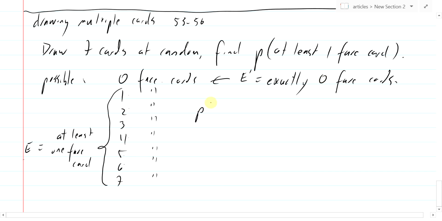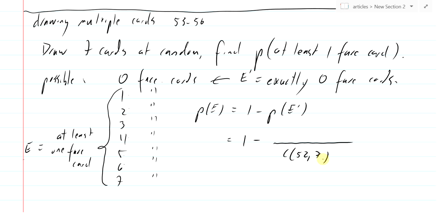So, what do I know about the probability of E and the probability of E prime? Well, 1 minus the probability of E prime gives me the probability of E. And what's that? Well, how many cards am I picking? I'm picking 7 out of all 52. So C(52, 7), that's my sample space. That's the size of my sample space because I'm looking at all 7 card hands.